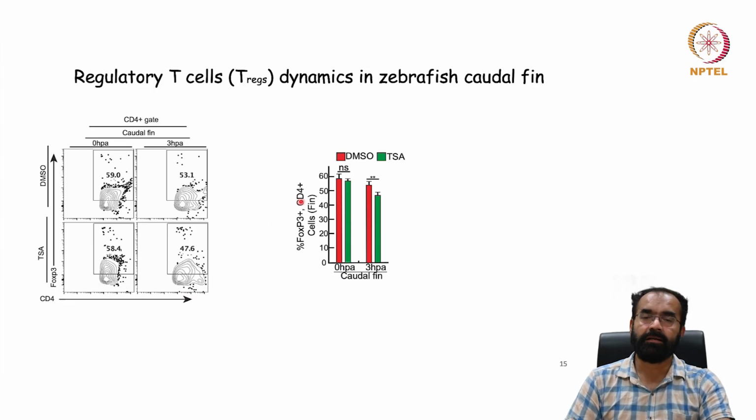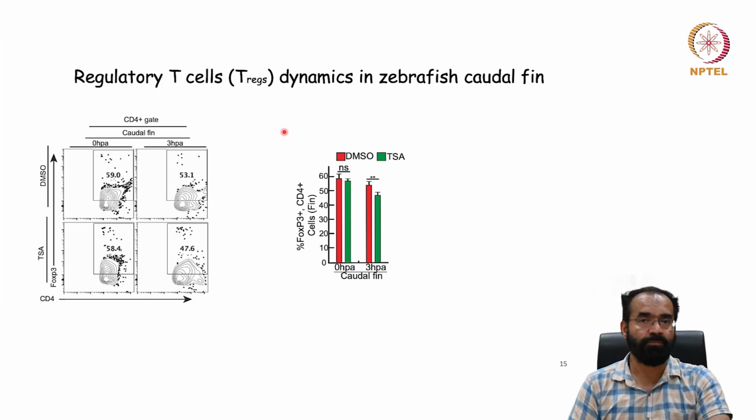Regulatory T cells are important. In one of the next classes we will be discussing regulatory T cells. But understand, regulatory T cells are CD4 positive cells, and they are very important to have a normal regenerative response.